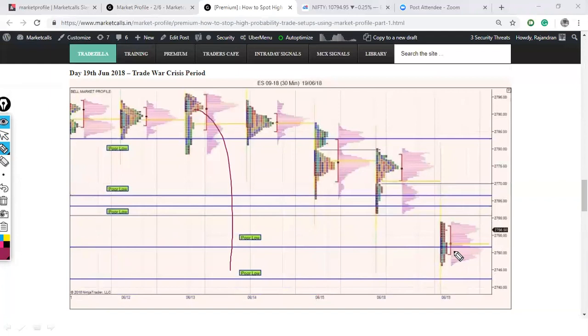Whereas in November 2017, what we saw was a combination of exponential poor lows and a prominent point of control. November 2017, yeah? No, not November 2017, but November 2016, right?